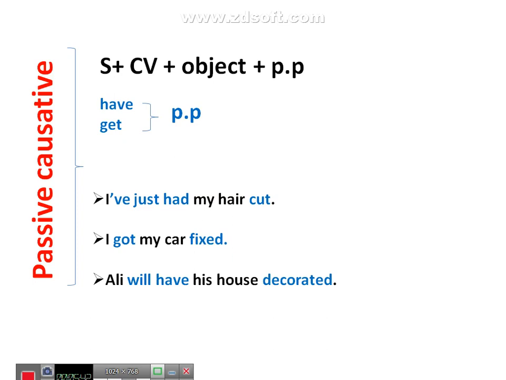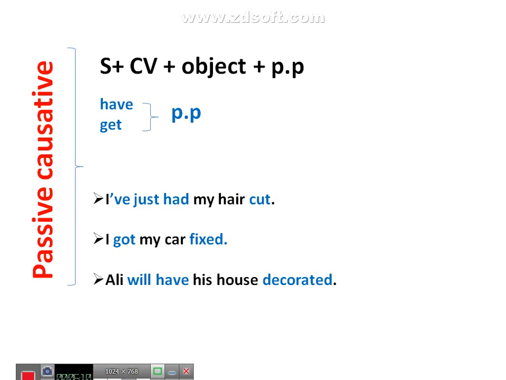I got my car fixed. Here it's a causative sentence in the passive form. Got is the causative verb in the passive form, my car is the object, and fixed is the past participle of fix, because you ask another person, the mechanic, to do that for you. I got the mechanic to fix my car.